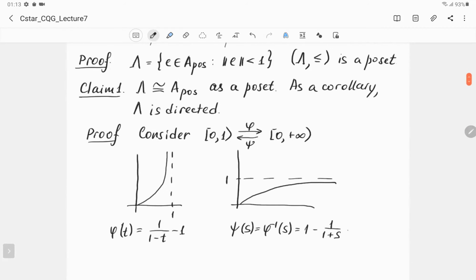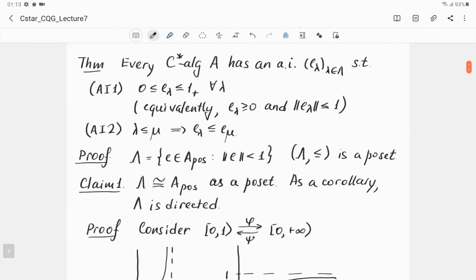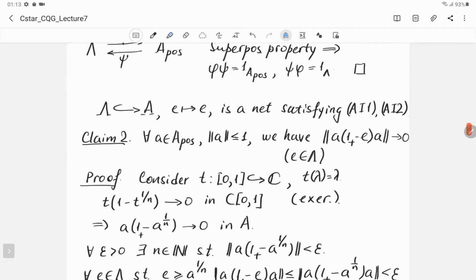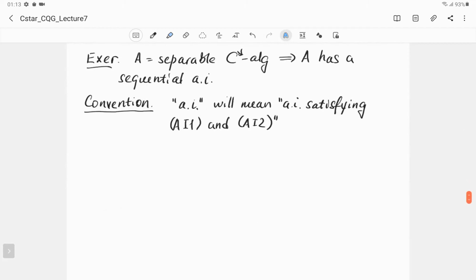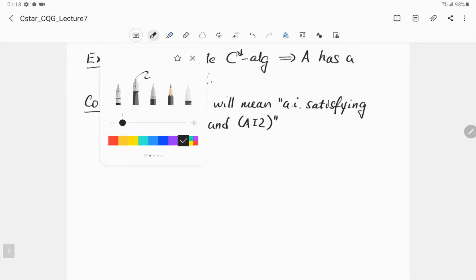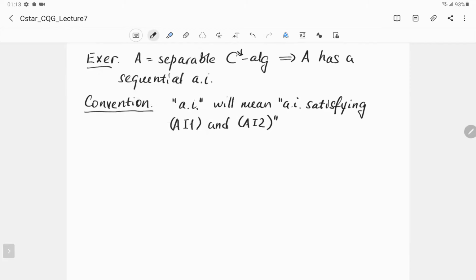AI1 means that the elements of our net are between 0 and 1, between 0 and the identity of the unitization. And we will also assume that our approximate identities are monotone. Okay, good. So our next goal now is to discuss quotient C-star algebras.